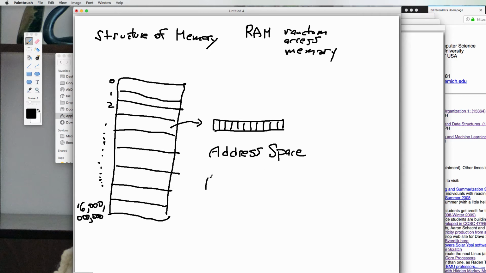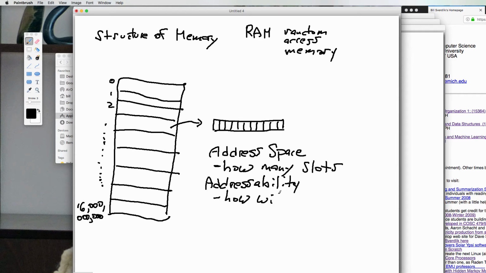And then they also talk about the addressability. And the address space, you could think of that as how many slots are there. And you could think of the addressability as being how wide is each slot.